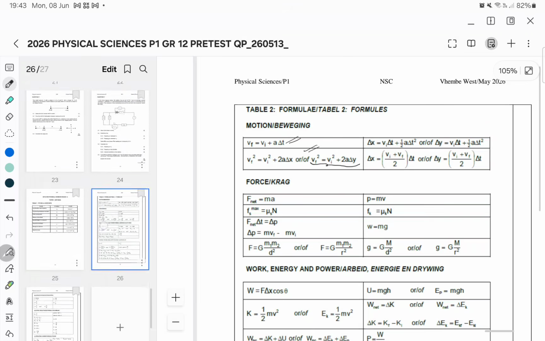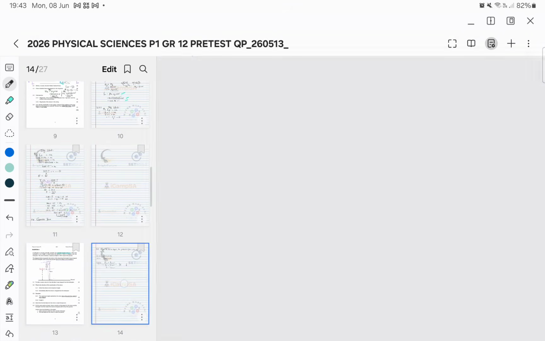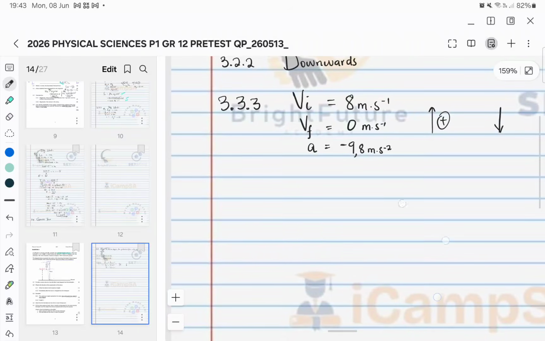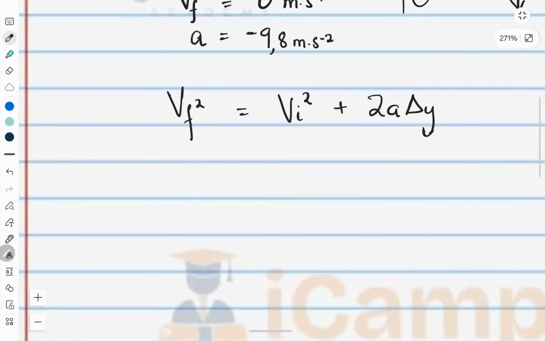X is maybe for horizontal, right? So we can use that one that says vf squared is equal to vi squared plus 2 times a times delta y. Delta y will be our height in this case.